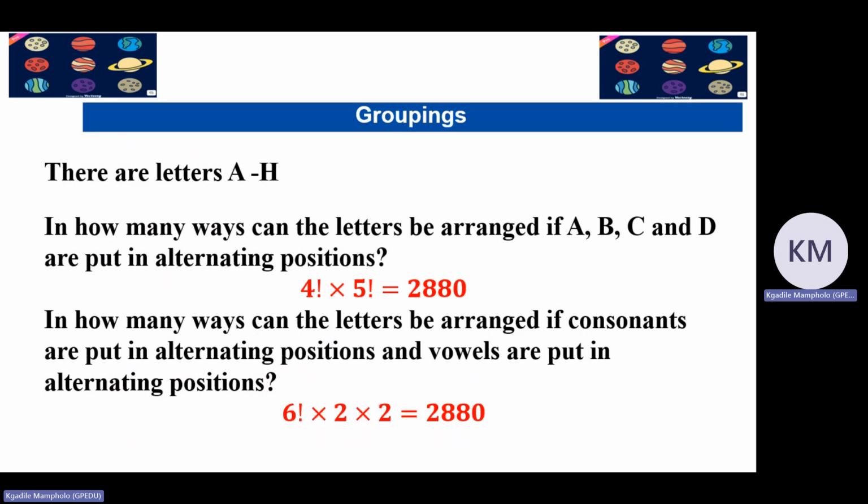It means the group of vowels can be at the beginning and the group of consonants at the end, or the group of consonants can be at the beginning and the group of vowels at the end. That is why we have only 2 possibilities. We can only arrange these 2 groups differently.